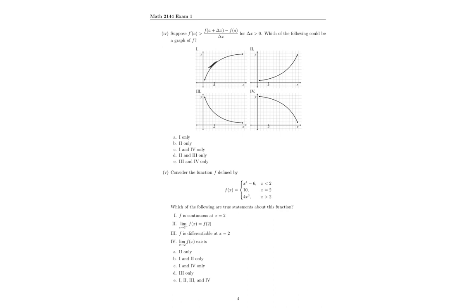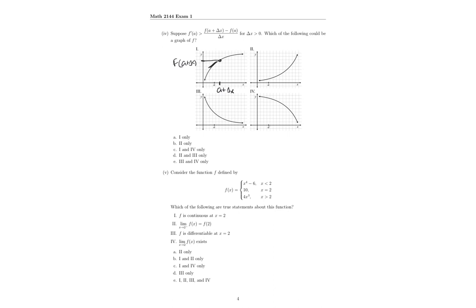So if we have this point right here, this is going to be, sorry, I'll draw it out here. It's going to be f of a plus delta x with this a plus delta x being our x point. And so basically it's saying the slope at f derivative of a is greater than the slope at a later point in the graph.